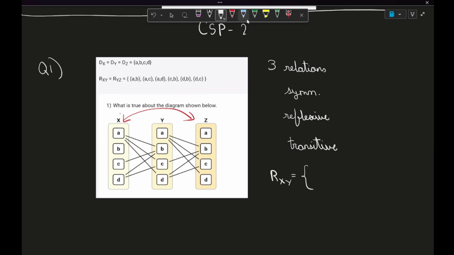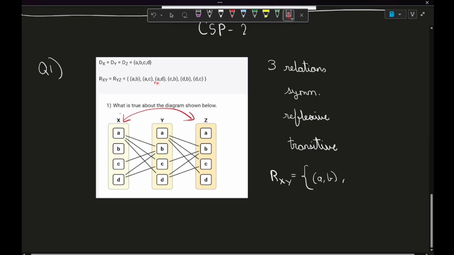Firstly we see A comma B and then we see nothing, right? So there is no transitive relation here, but we see A comma C and C comma B, so we can say that A comma B should be in the relation, right? That makes sense.